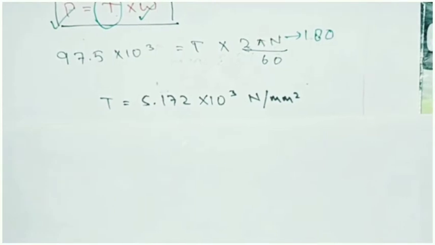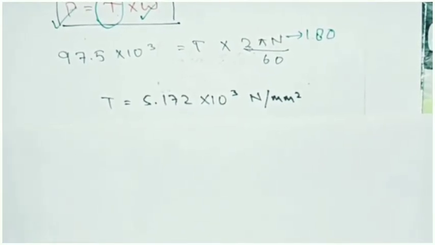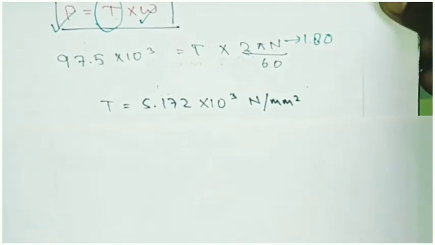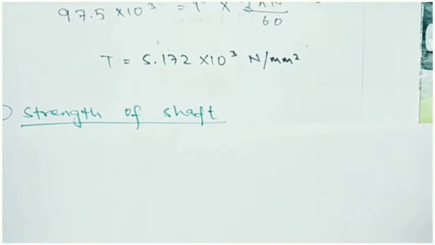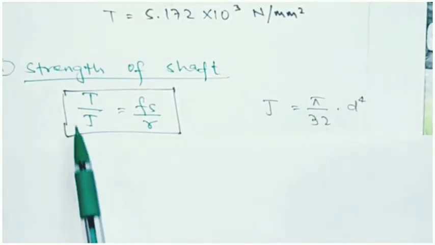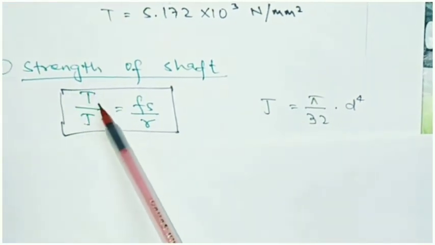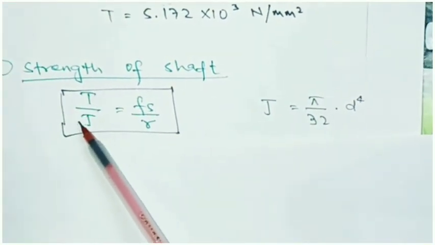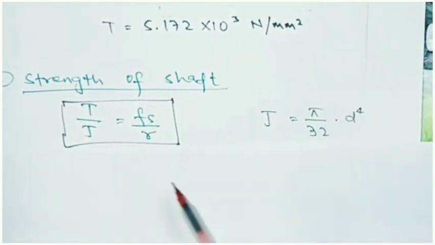Now the mechanical properties of the shaft are found on the basis of two different things. The first one is the strength of the shaft. The strength of the shaft is calculated from the very first part, that is T upon J is equal to Fs upon R. Here T stands for torque, J stands for polar moment of inertia, which should be taken as pi by 32 into d raised to the power 4.